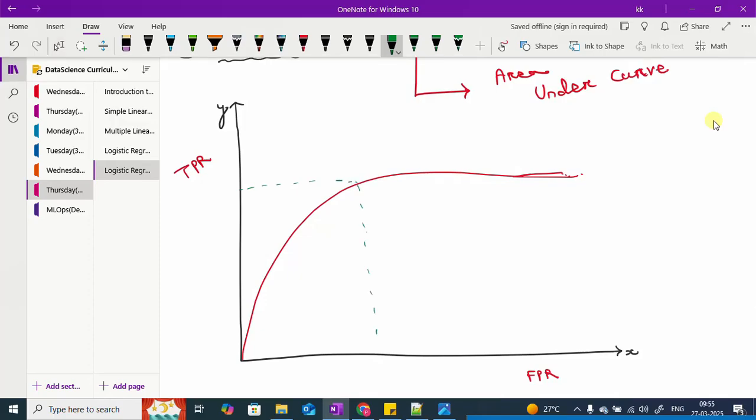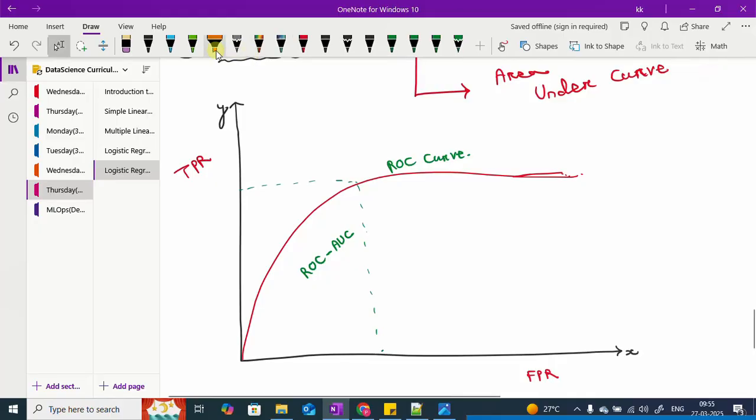That is none of my business. So basically, the area under the curve. This is the ROC curve. Now the area under the curve, this part, is called ROC AUC, area under curve.